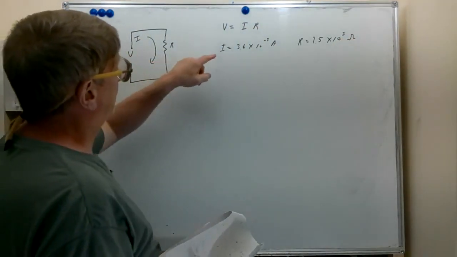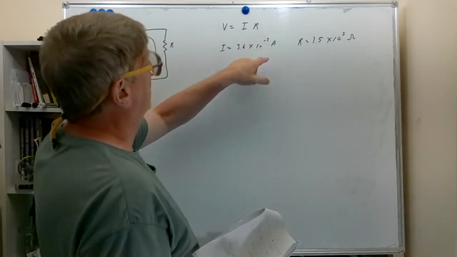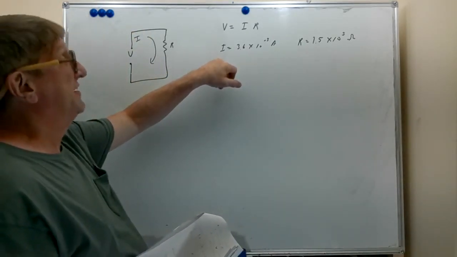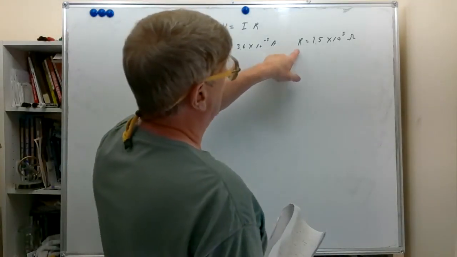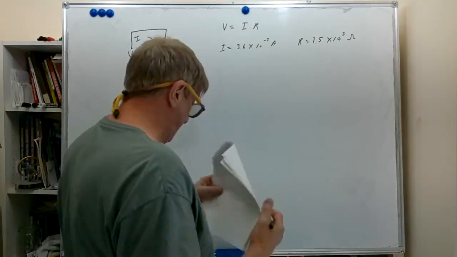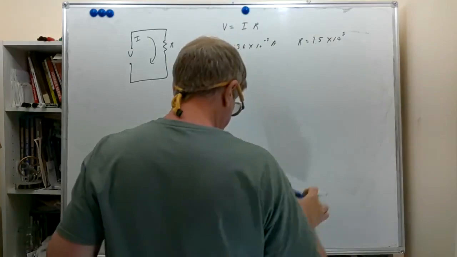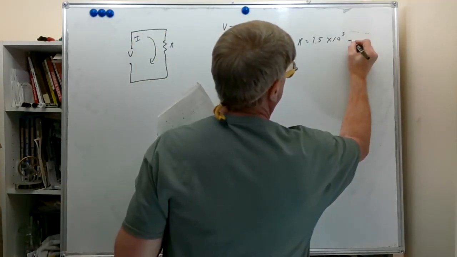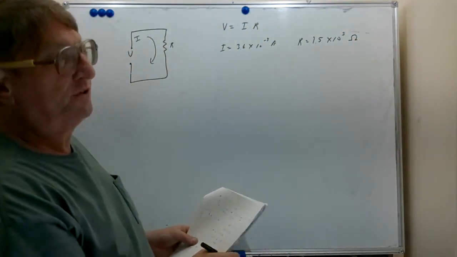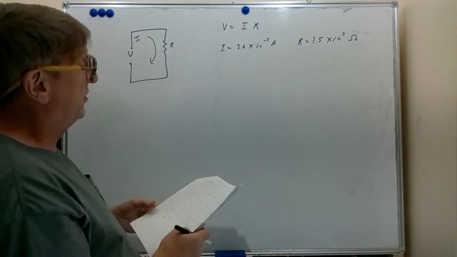Voltage we measure in volts, current I we measure in amps, and the I is a symbol for intensity, by the way. R, resistance, we measure in ohms, and we use this little Greek letter omega as a symbol for ohms.